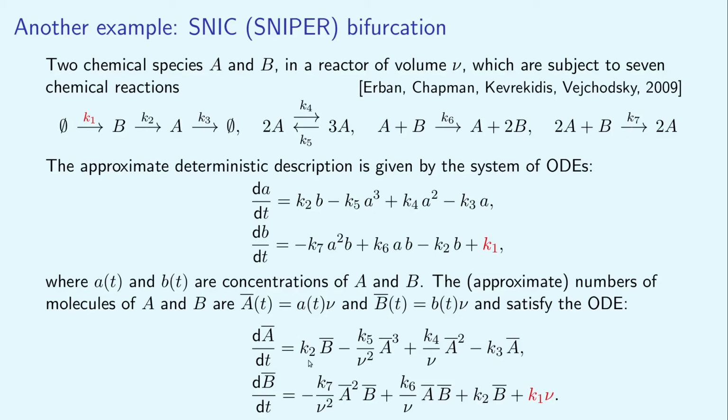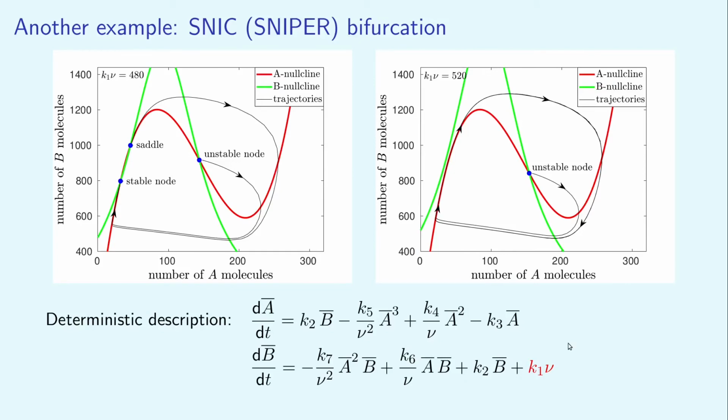Therefore, 6 of the parameters which appear in these ODEs will be fixed to specific values. I will vary the first parameter, the production rate K1 of chemical species B, which I have highlighted here in red. Therefore, our bifurcation parameter which we will vary is K1 nu. To get some insights into the dynamics of this model, I have plotted here the corresponding phase planes for two values of my bifurcation parameter K1 nu.